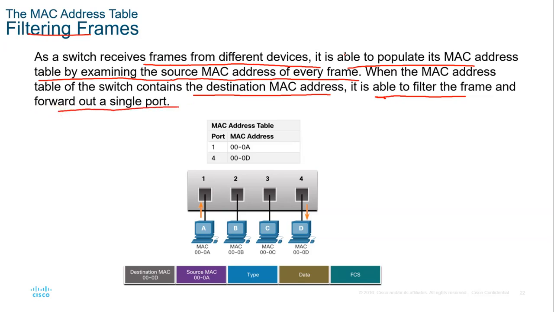If the destination MAC address exists, there is no need for flooding. It will filter, look for the specified destination MAC address, and then forward the frame out of a single port.